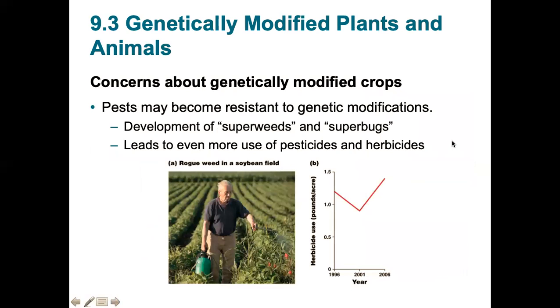Some people do have concerns though. Let's say you put nicotine in something because you are trying to prevent insects from eating it. Well, then how much of that nicotine is expressed in the corn kernel or the potato underground?